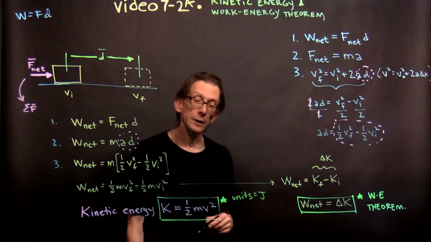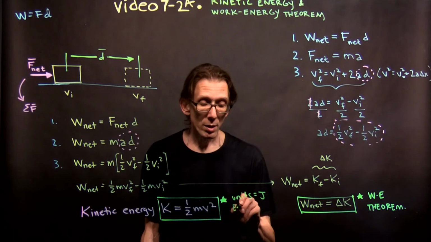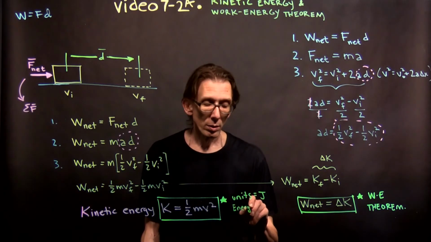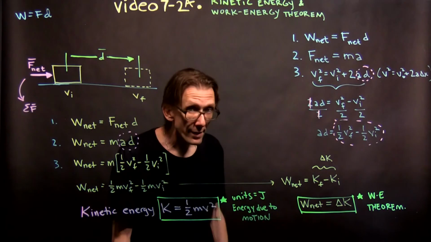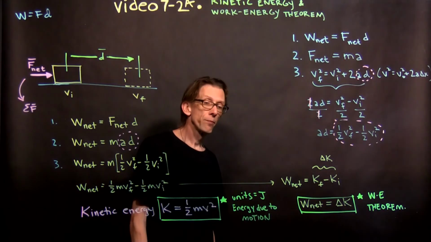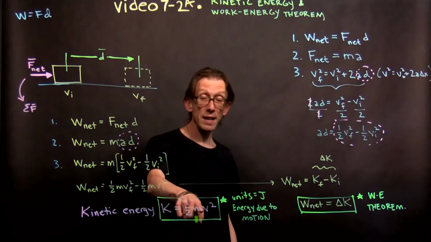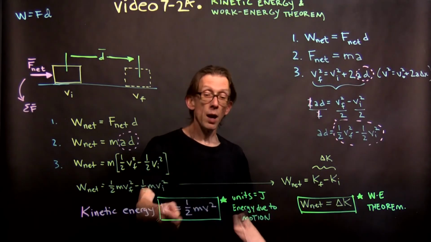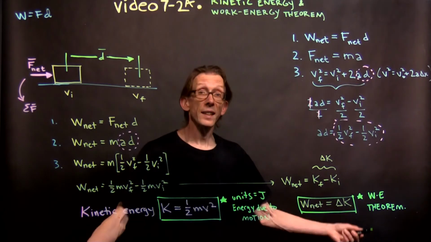Okay, and kinetic energy is energy due to motion. We haven't even talked about what energy is fundamentally. But just suffice it to say now that if an object has a mass of whatever it happens to be and a speed, whatever it happens to be, then it has kinetic energy.